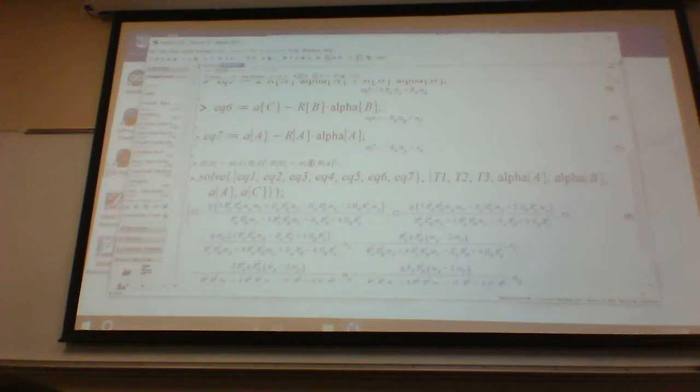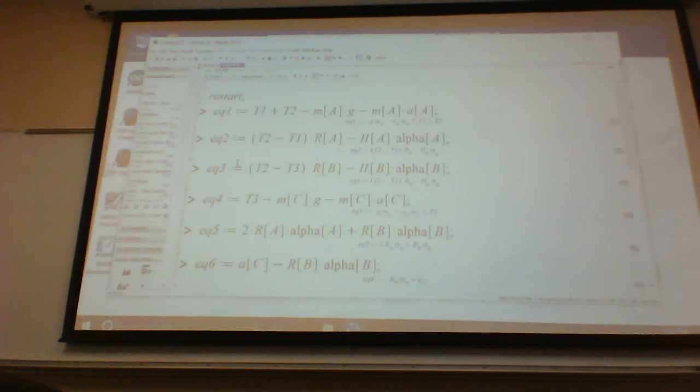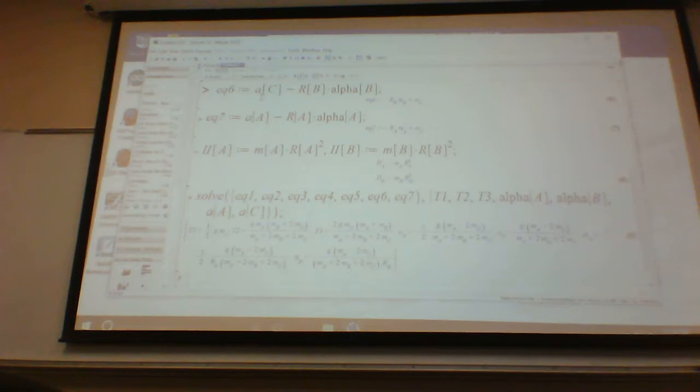M sub B, M sub B squared. It did simplify quite a lot, no? Oh, yeah. So we do this. Basically, I will give you this file, okay? I will save it.